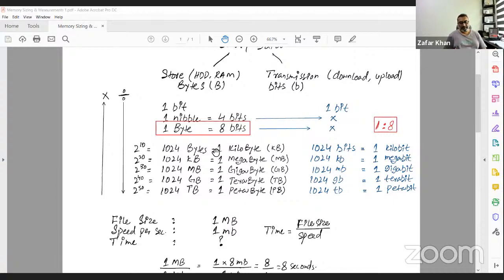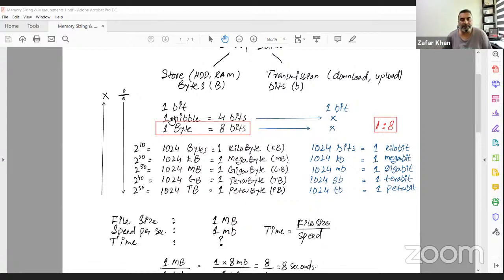Whether the data is being stored or it is being moved, the smallest unit of binary data is the bit. Bit stands for binary digit. So a bit is a single unit of the binary number system. Bit means binary digit, so it might be a 0 or 1. A couple of times in past papers, a combination of 4 bits was also discussed, and it is called a nibble.